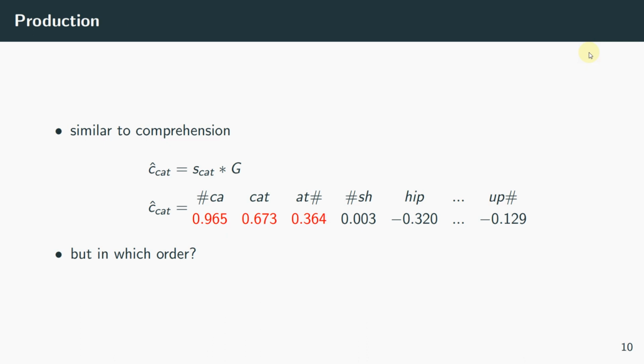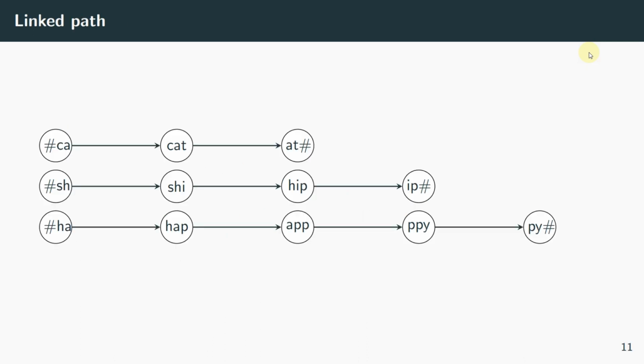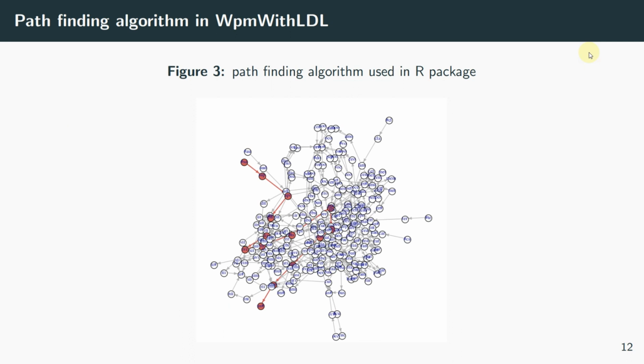However, when and where should we put those trigrams? You probably also noticed that those trigrams themselves implicitly indicate that if they overlap with each other, they can link up to a path. Yes, this is the way we build the path.